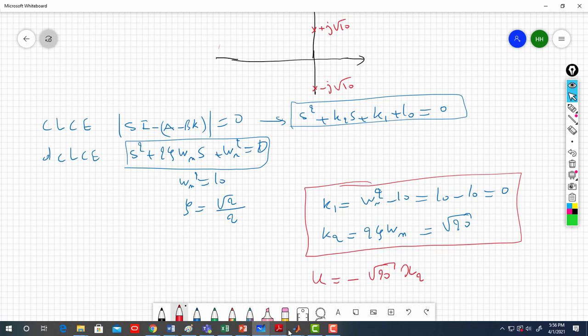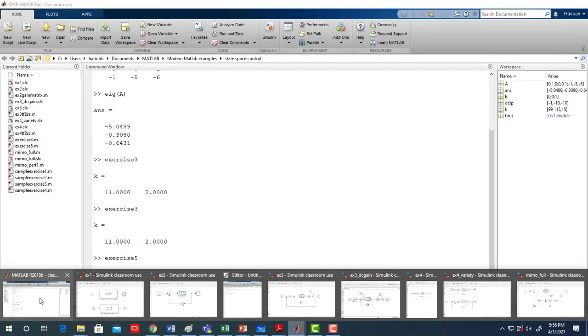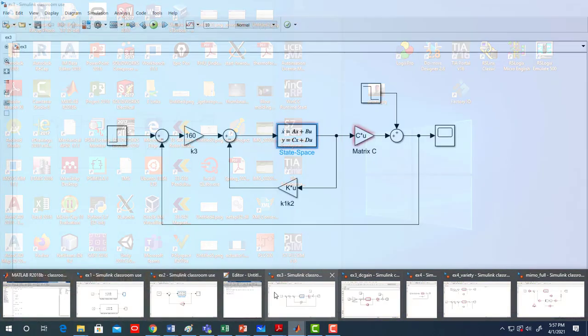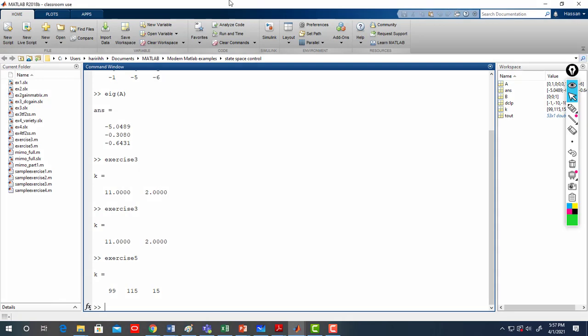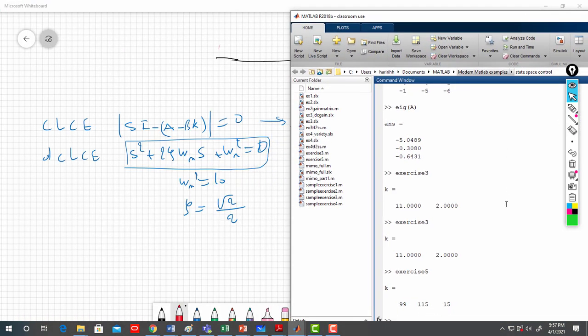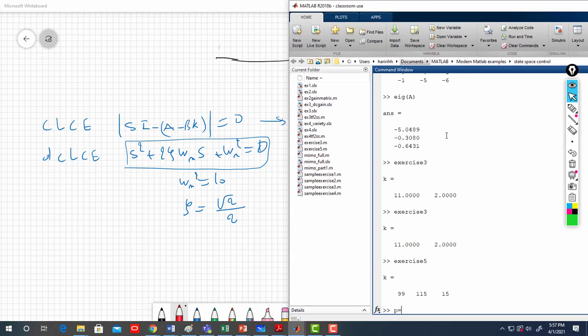Well, maybe I can have it here, saying a polynomial p equals 1, 2 times zeta times omega n, and omega n squared.